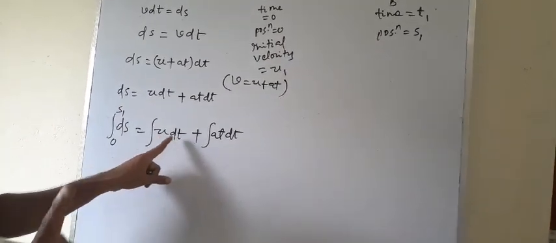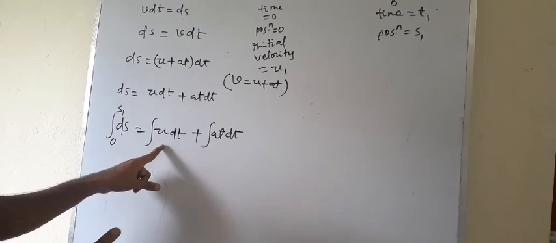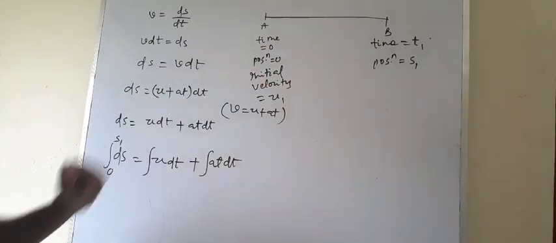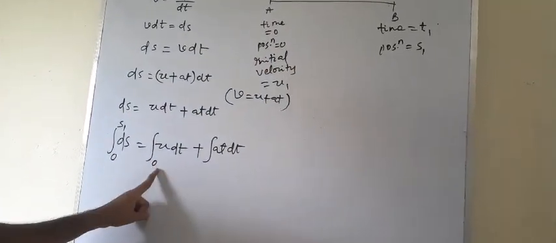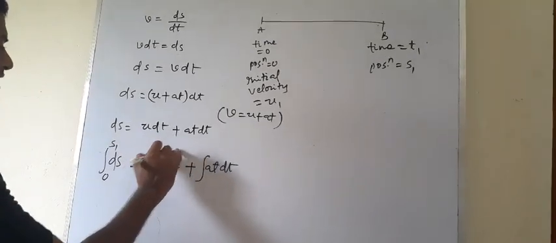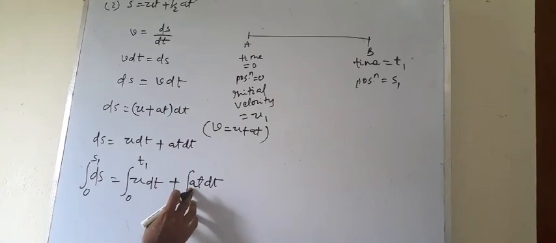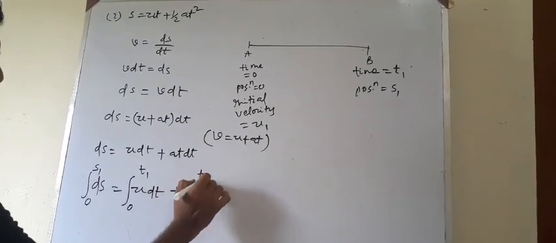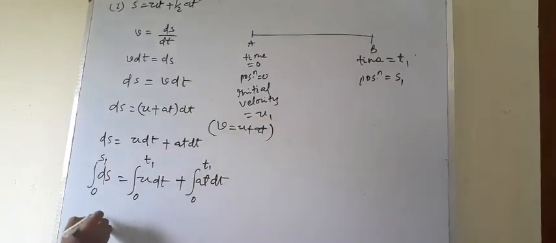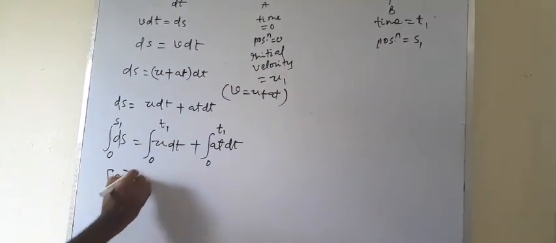Now time changes: your lower value of time is 0 because you start your journey at 0 seconds and consume t1 seconds to cover some position s1. Similarly here a is constant, and again 0 to t1 because the variable is time. So integration of ds is s, from 0 to s1.